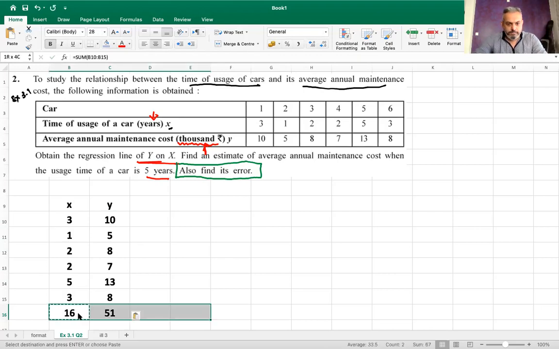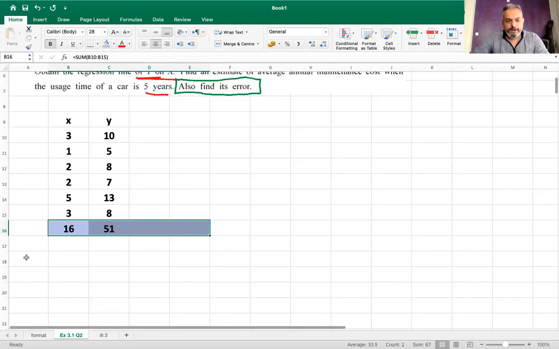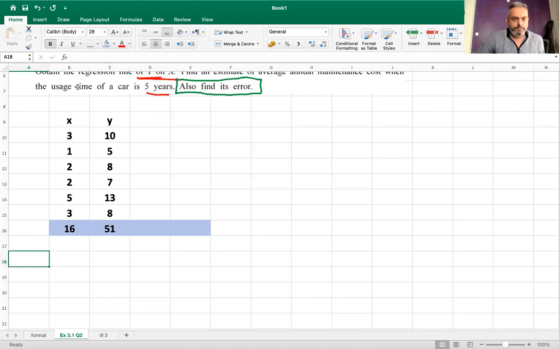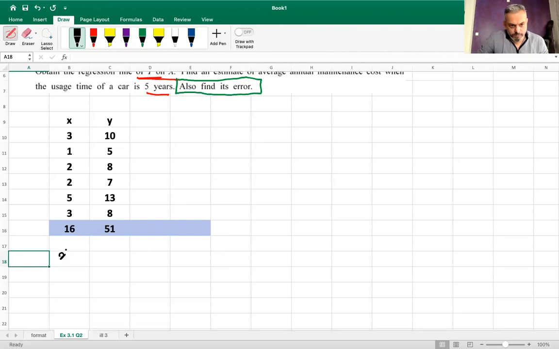Now, let's find out the mean first. x bar is sigma xi upon n, so 16 upon 6.